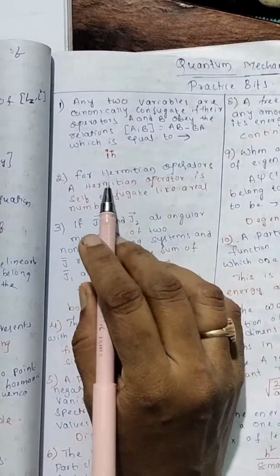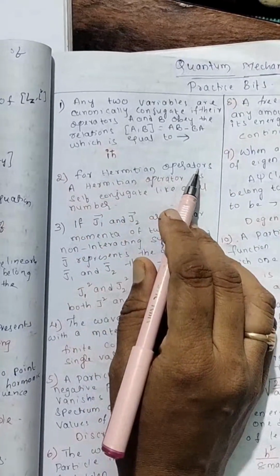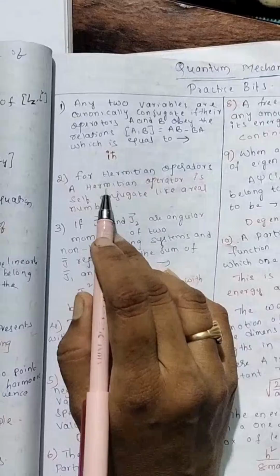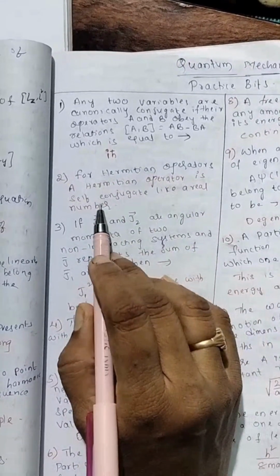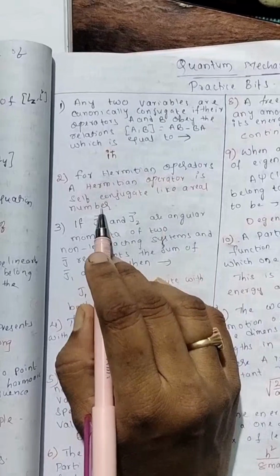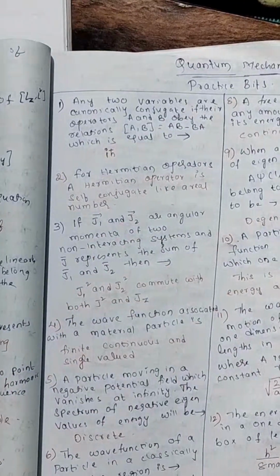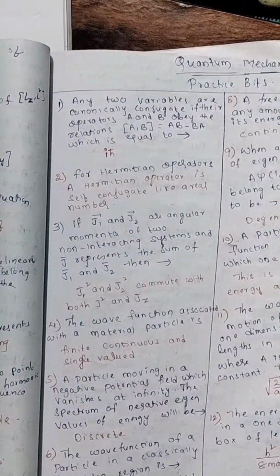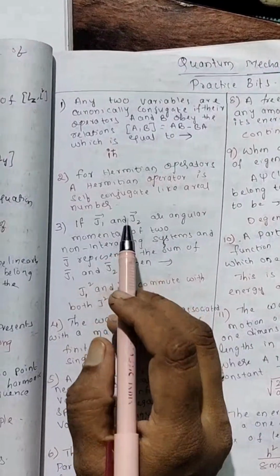Next, for Hermitian operators, a Hermitian operator is self-conjugate, like a real number. I wrote answers in the red pen, questions with blue pen.